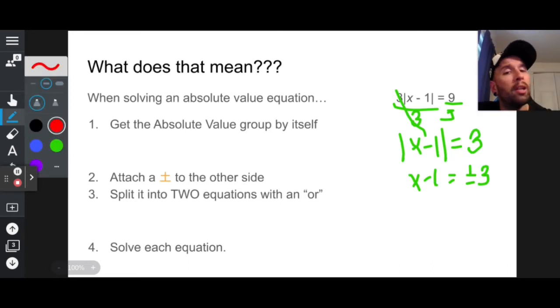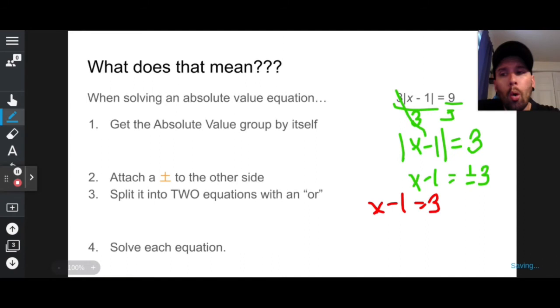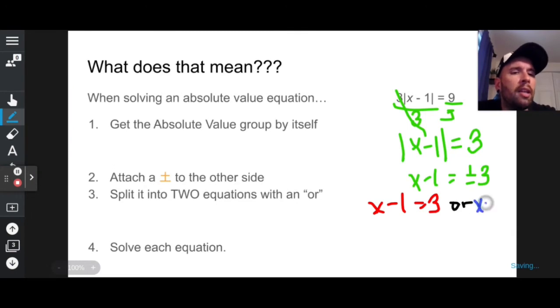So I'm going to split it into two equations. x minus 1 equals positive 3, or x minus 1 equals negative 3.